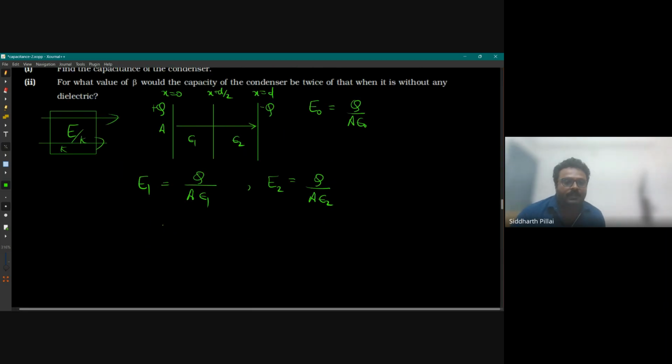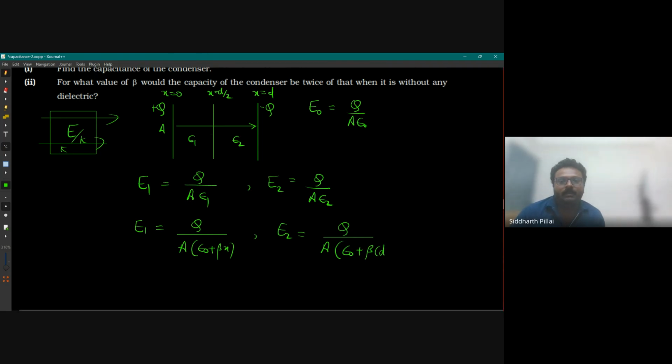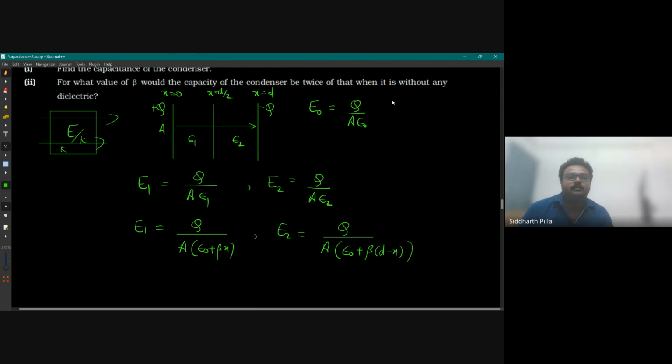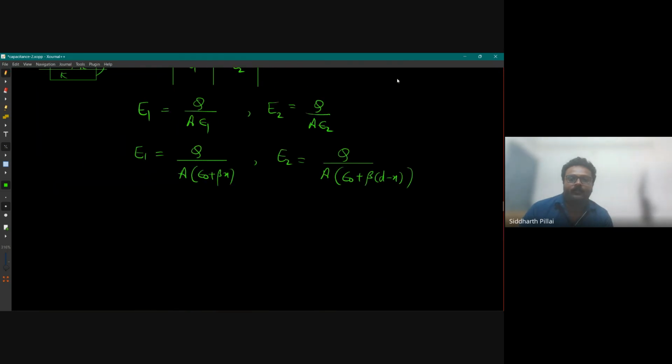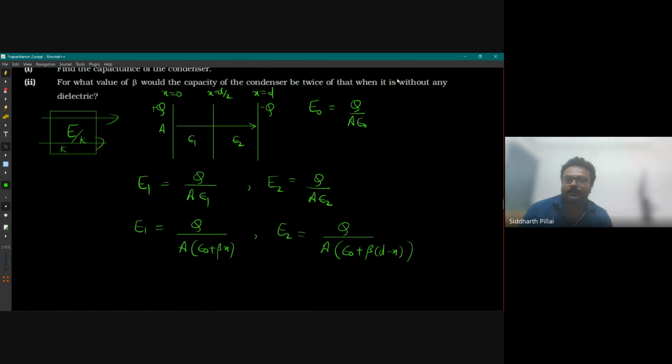So this gives me E1 equals Q by A into epsilon naught plus beta x, and similarly E2 equals Q by A into epsilon naught plus beta into D minus x. Correct? Those are the two fields.